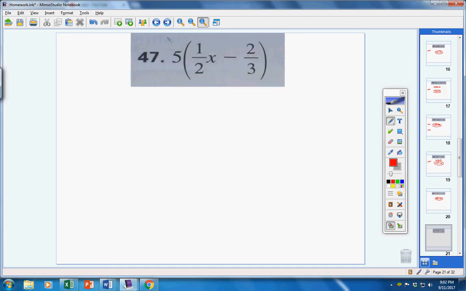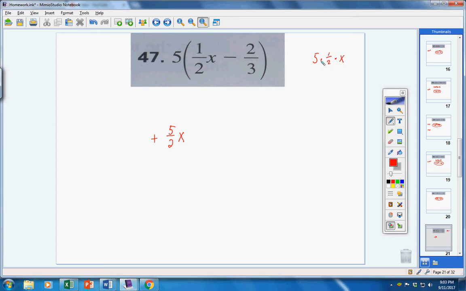Alright. Number 47. We have a positive times a positive is a positive. 5 times 1 half x is 5 halves x, because 5 times 1 half x is 5 times 1 half times x.